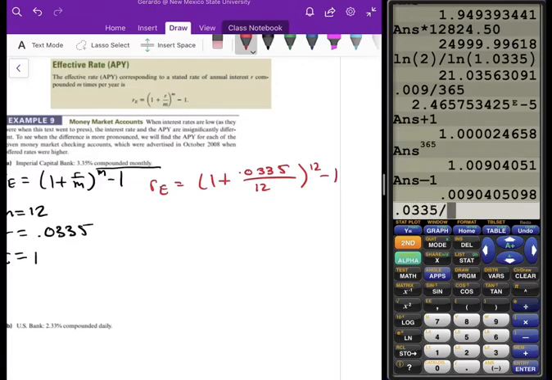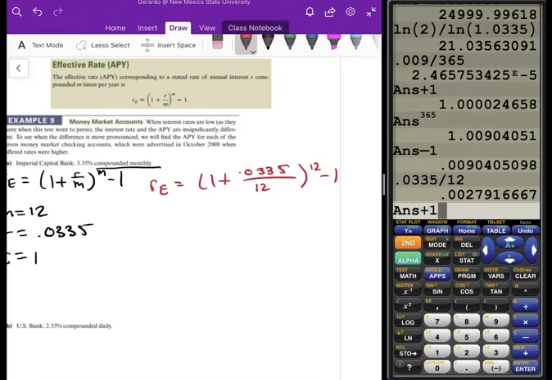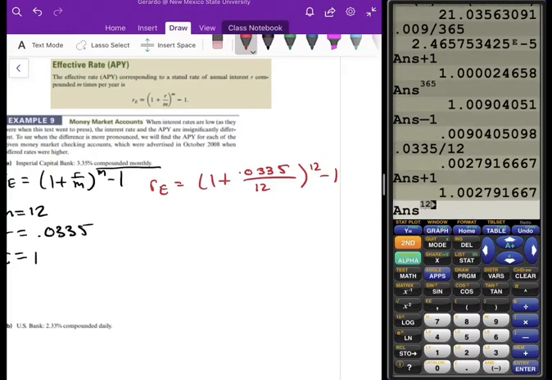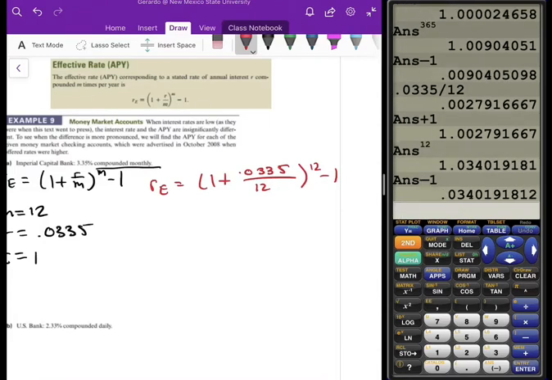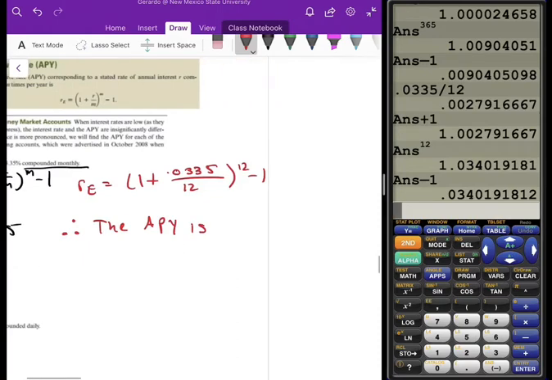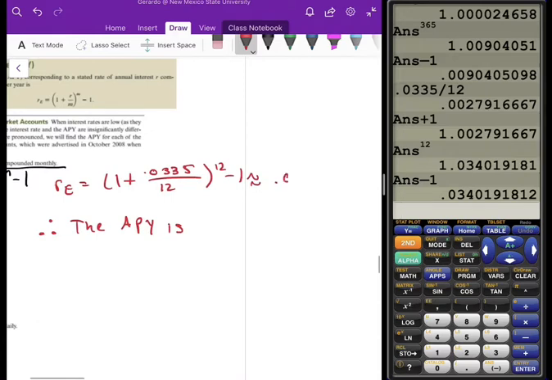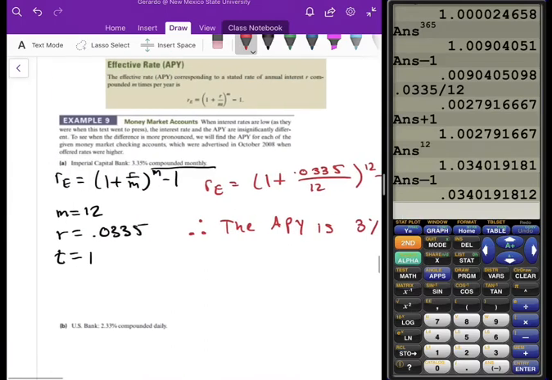We get 0.0335 divided by 12 plus 1, to the power of 12, minus 1. So, therefore, the APY is approximately 0.034, or 3.4%.